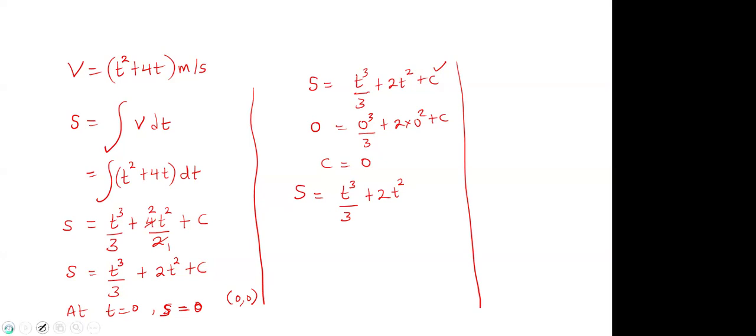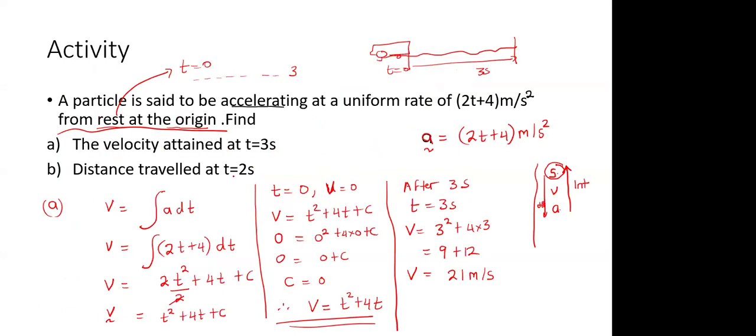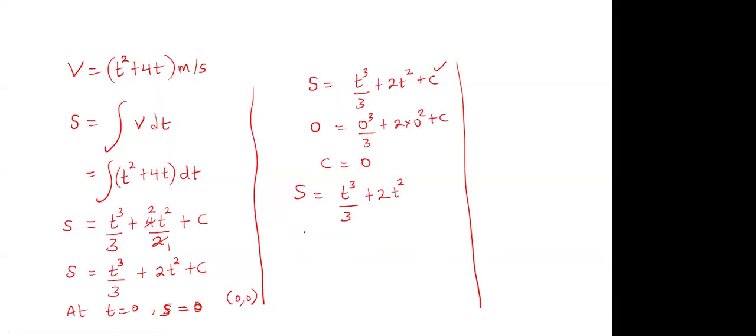But they asked us to find what after 2 seconds? Now, after 2 seconds, what are we going to do? We shall say, at t equals 2 seconds, what do we have? S is equal to 2 cubed over 3 plus 2 times 2 squared.